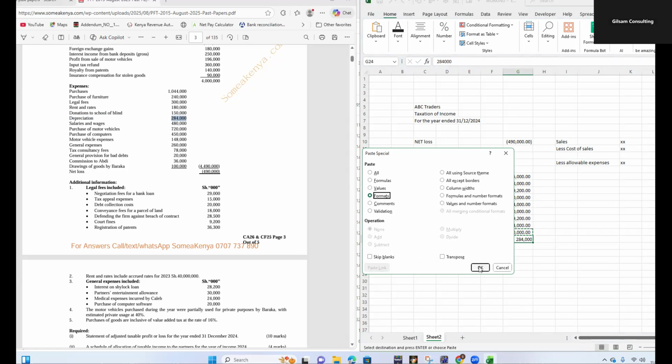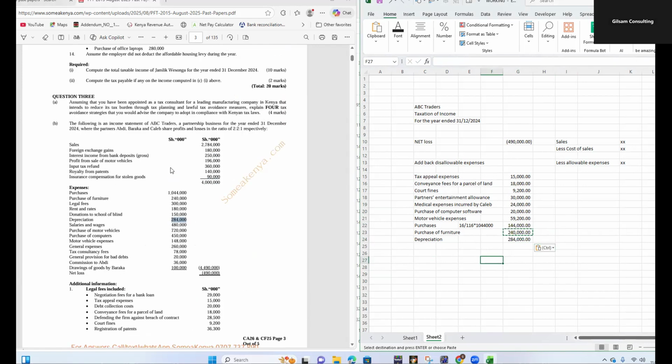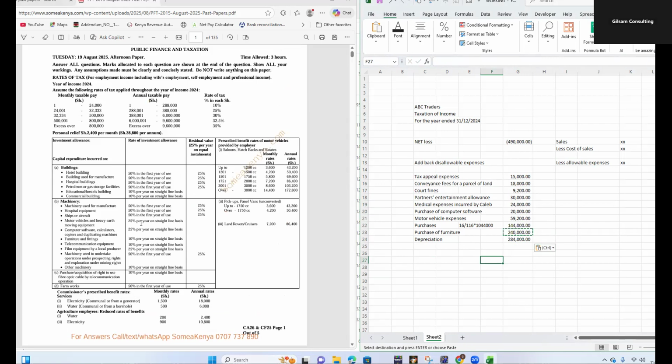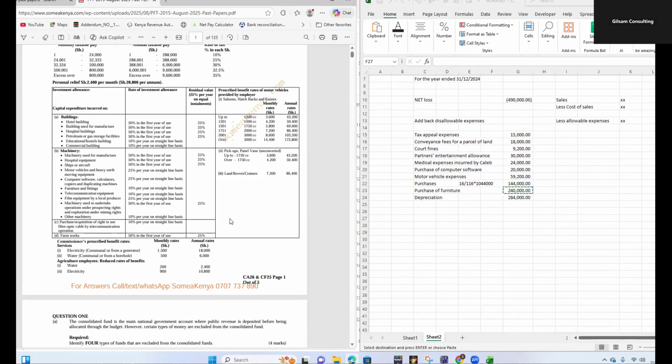The examiner will not give you all the rates, so you'll have to remember them. If you check your first page here, you have been given the rates for capital allowance: 50, 50, 10, 25, all that have been given here. Some you will not get here, so you have to remember.